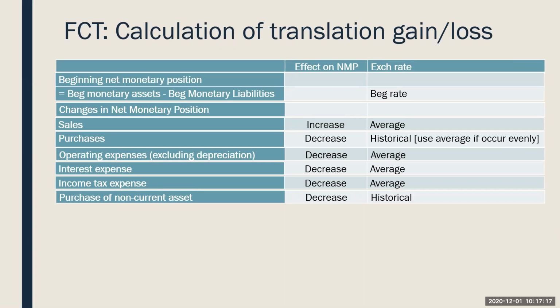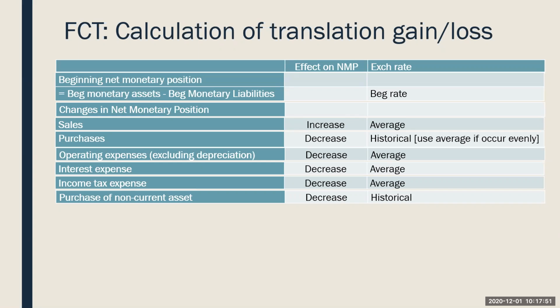Purchase of a non-current asset such as land, equipment, or building will decrease the net monetary position. There is an exception where you have a non-monetary transaction. For example, you can have a purchase of land by issuing common shares. That does not have an impact on the monetary position at all.